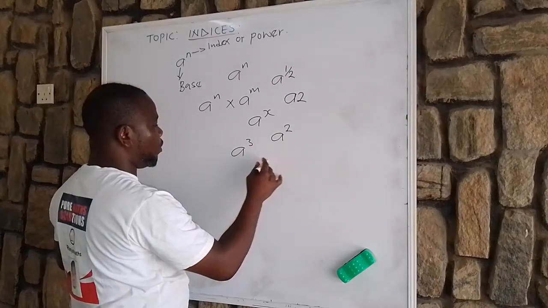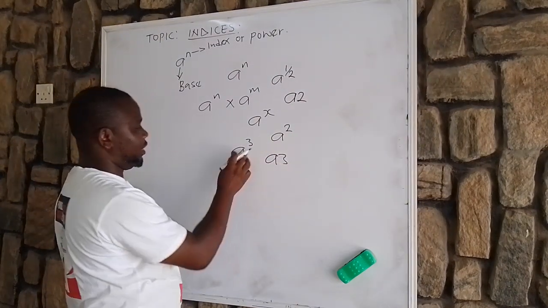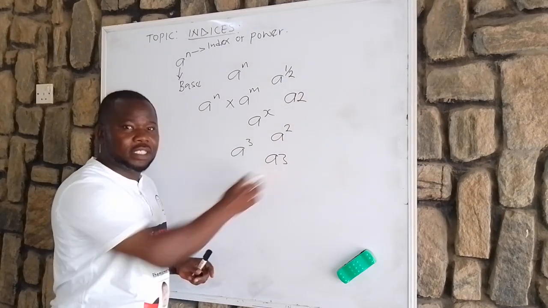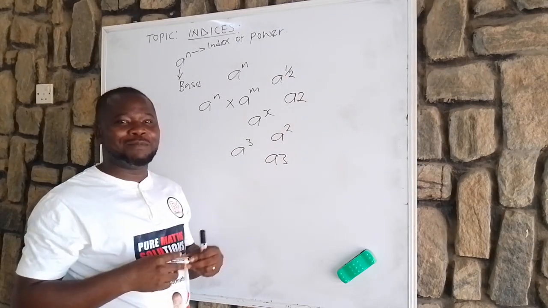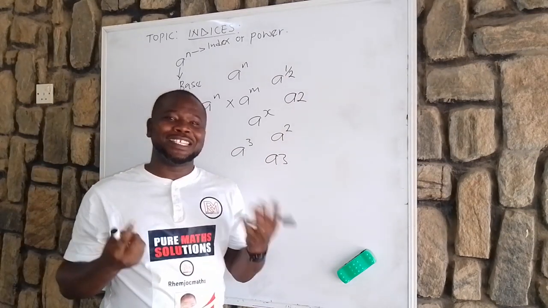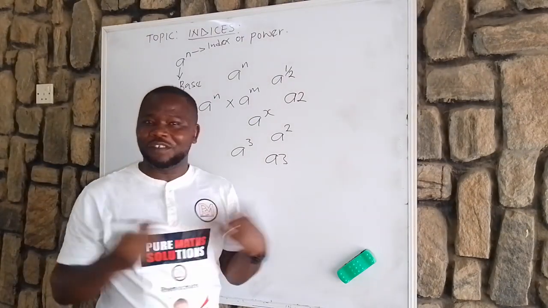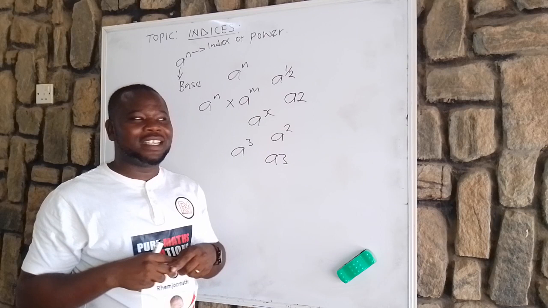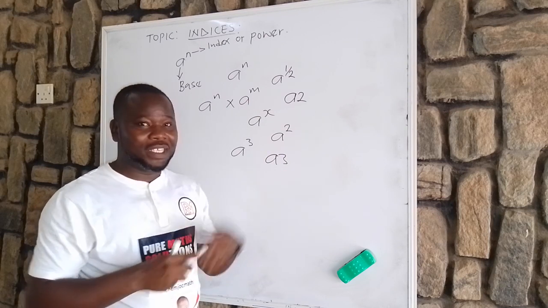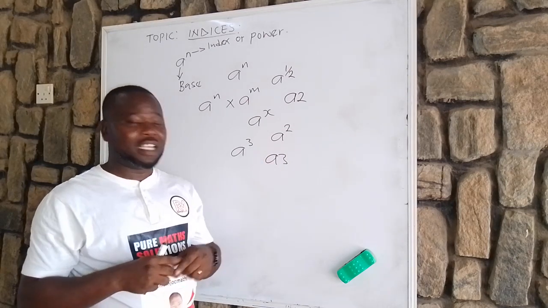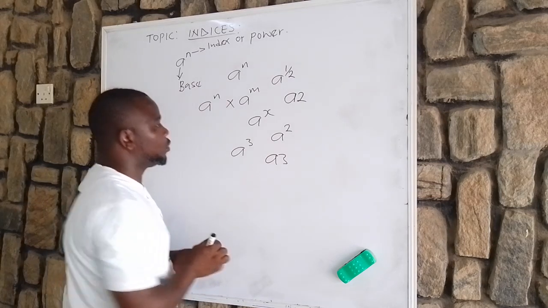Then the right form of a raised to power 3 is this, not this. Please take note. Most especially, students after taking series of weeks, what they are writing on the board is different from what their lecturer is writing down. So please, I want you to take note.